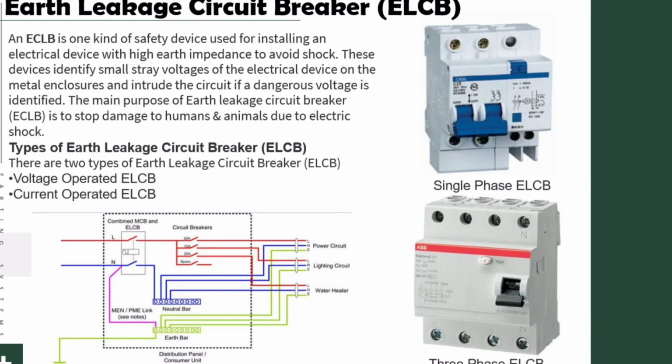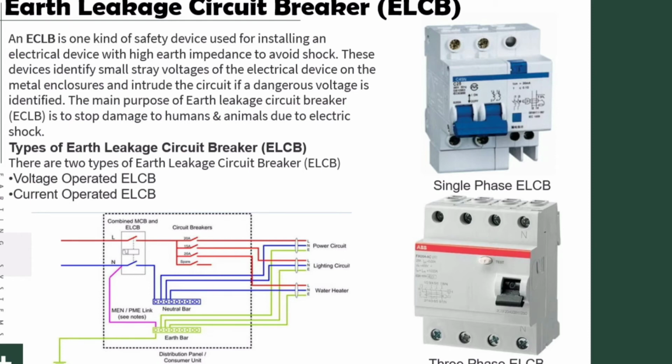And here, if you remember from the chapter on the panel board, we said that there is a circuit breaker called the earth leak circuit breaker, or ELCB. What is the earth leak circuit breaker? An ELCB is a kind of safety device used when installing electrical devices with a high earth impedance to avoid shock.